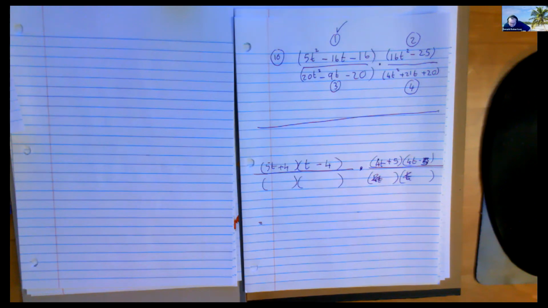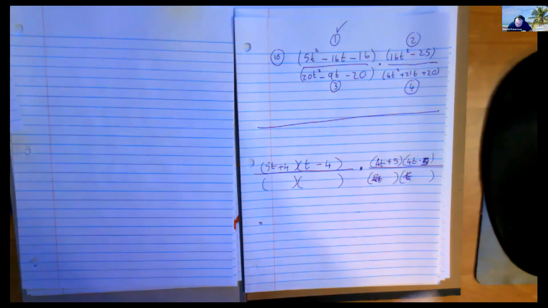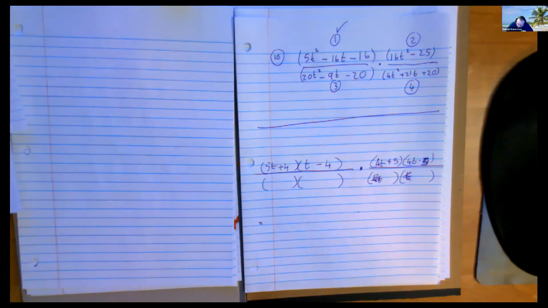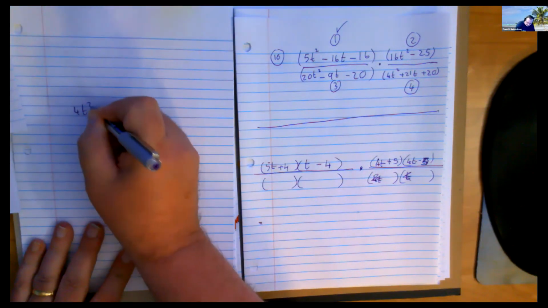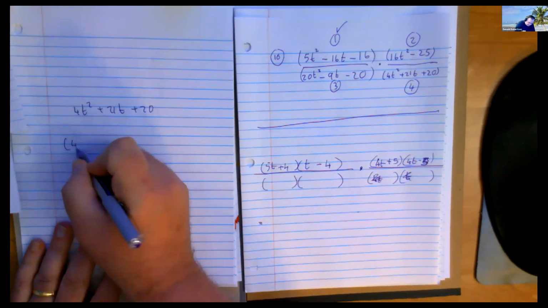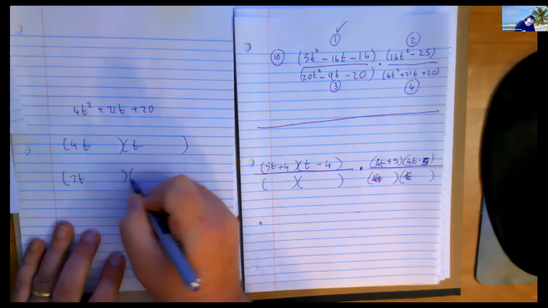Let me check it is actually the right question. It is. So let's do some working over here, see what we get. Anybody can join in here, right? So it either splits as a 4t and a t, or it could split as a 2t and a 2t, right?